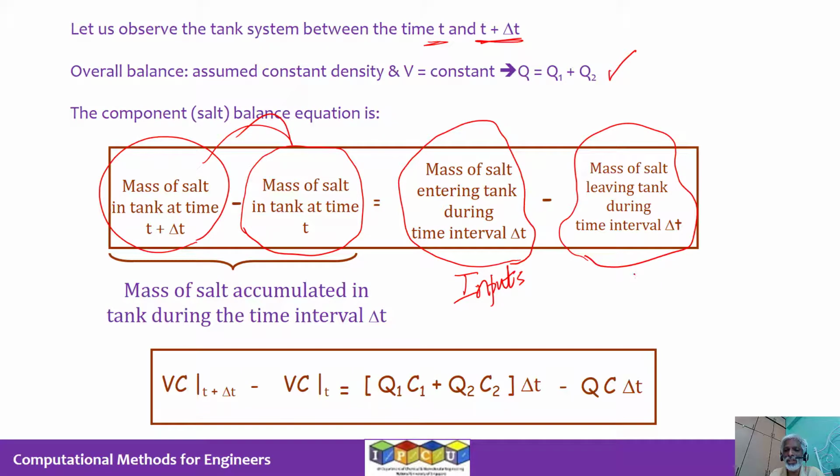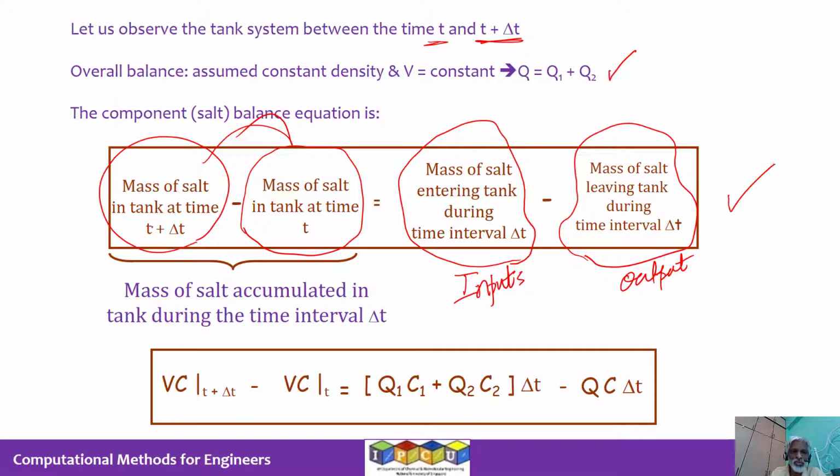This is the expenditure of salt that goes out as one stream, and the difference between the two amounts is what is going to be accumulated in the system, because whatever salt comes in either must go out or get accumulated within the system. There is no formation of salt, no consumption of salt in the system, there is no reaction. So whatever comes in either has to go out or must accumulate within the vessel. This equation basically states that.